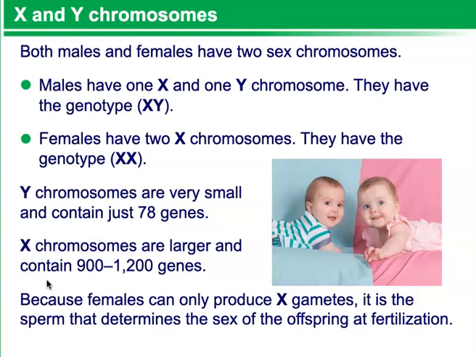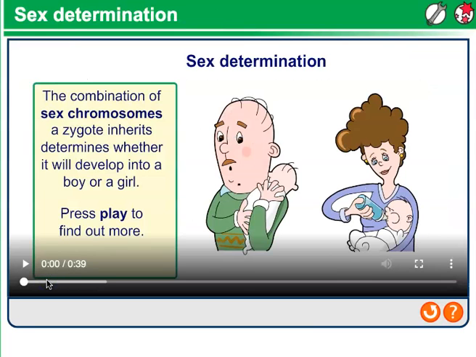Because females can only produce X gametes, it is the sperm that determines the sex of the offspring at fertilization. If you inherit a Y chromosome from dad, you will be male. But if you inherit an X chromosome from dad, you will be female. Sex determination.